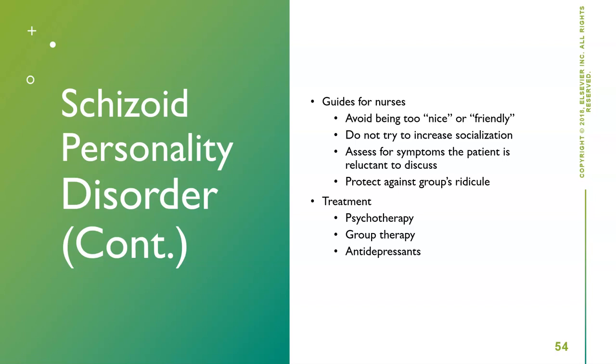Antidepressants may help increase pleasure. And again, antipsychotics could also help with that restricted affect. But they struggle with socialization, so we do not want to force socialization because it's just hard for them.